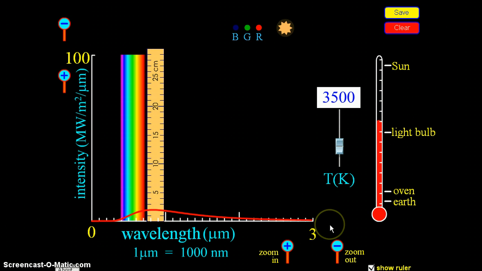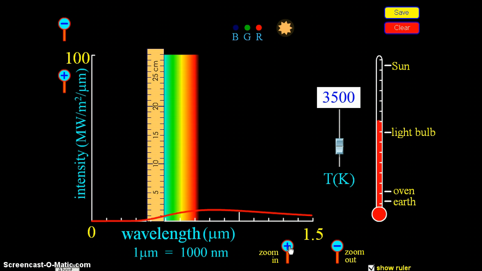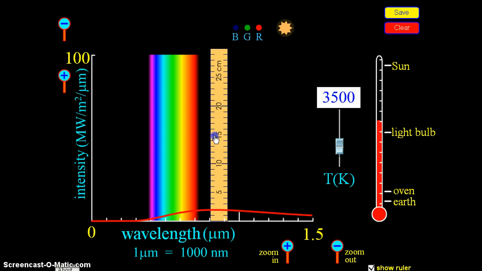All we need to do to find this constant is to change the wavelength axis, and then take measurements of where the peak lies in wavelength for given temperatures.